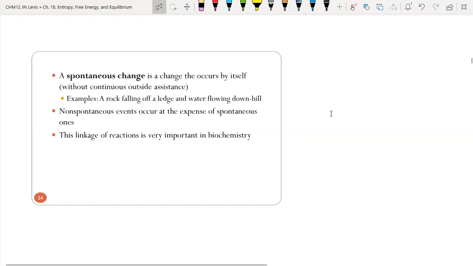So we're going to use those thermodynamic concepts to identify the spontaneity of a chemical reaction, to make predictions of whether or not the reaction is going to occur under certain thermodynamic conditions.